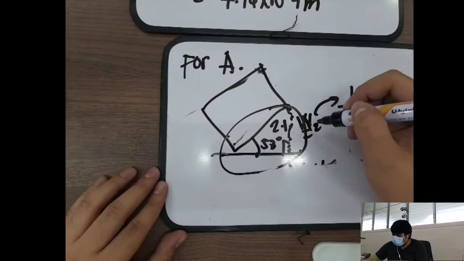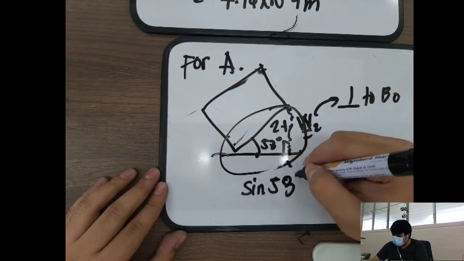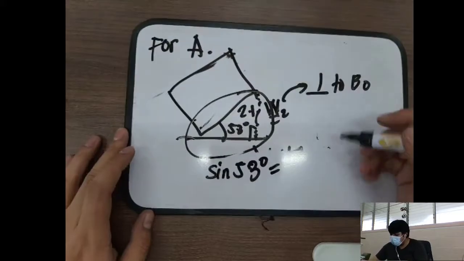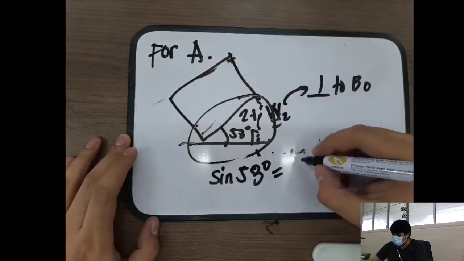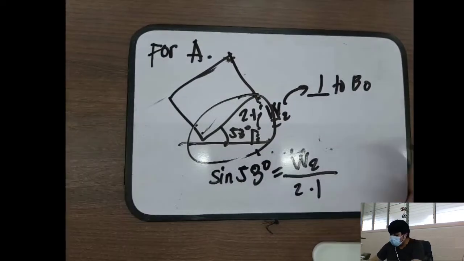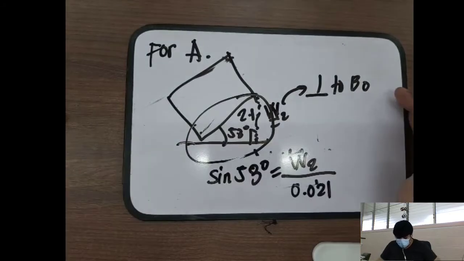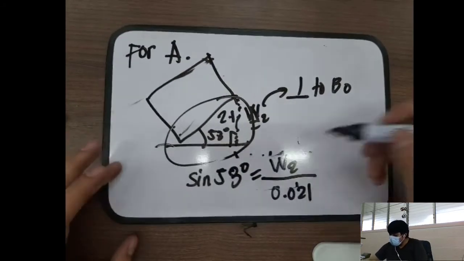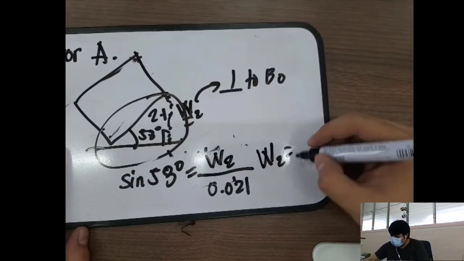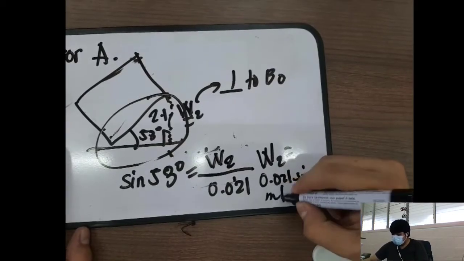Sine of the angle, which is the distance away from the surface, is equal to opposite over hypotenuse, 2 over 2.1, or we simply convert this to meters, 0.021. So W2 is equal to 0.021 sine 53 meters.